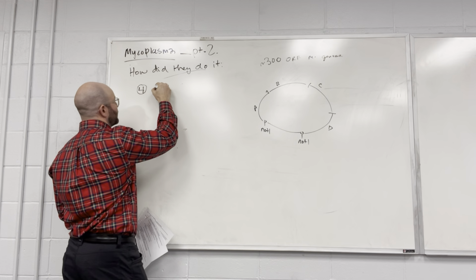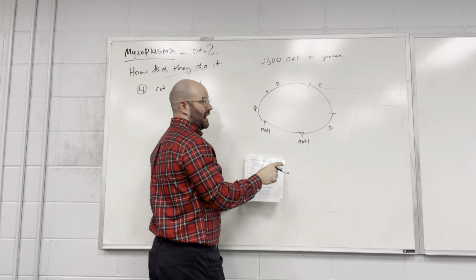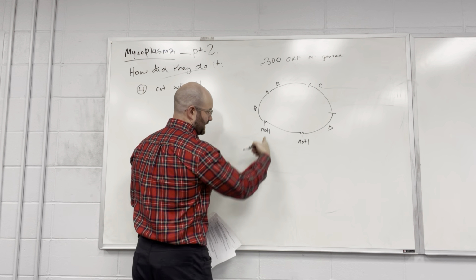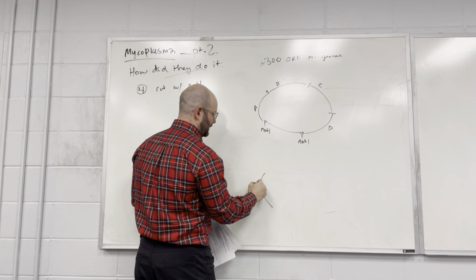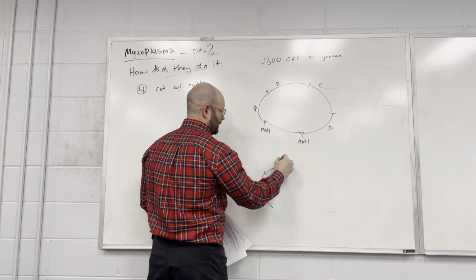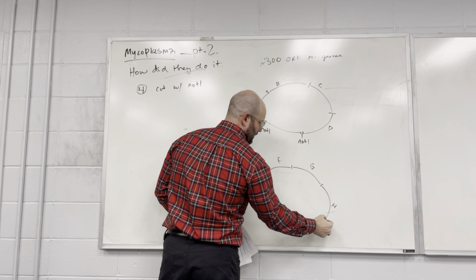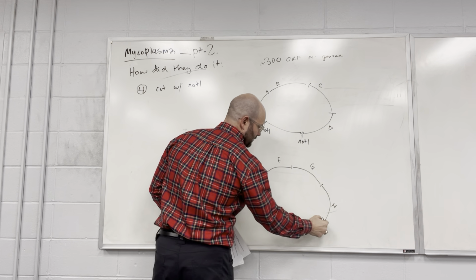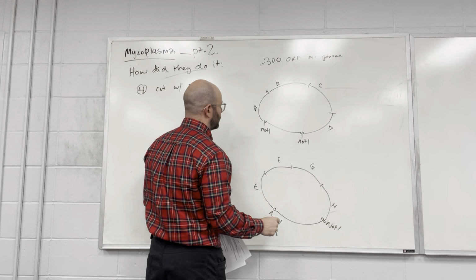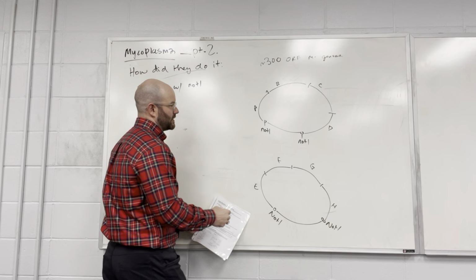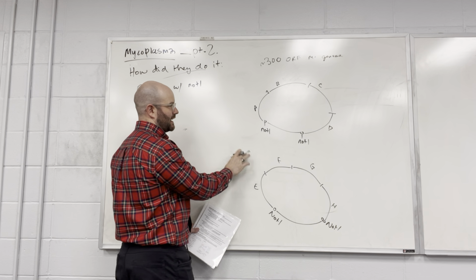So they cut with NotI. Imagine they had 2 of these. They did this process twice, except they have E, F, G, H. So they have 2 of these, and now they're going to the next process of assembling to the next level.